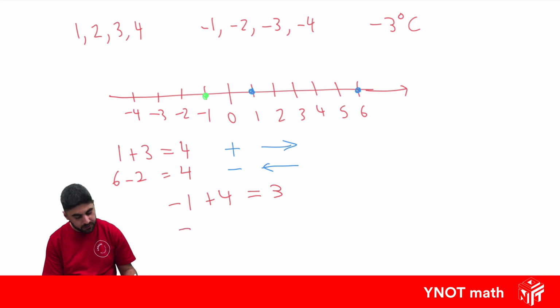What about minus 1 minus 2? So again, we'll start off with minus 1. And minusing 2 means we need to go 2 places to the left. 1, 2, and we end up on minus 3. So minus 1 minus 2 gives us minus 3.